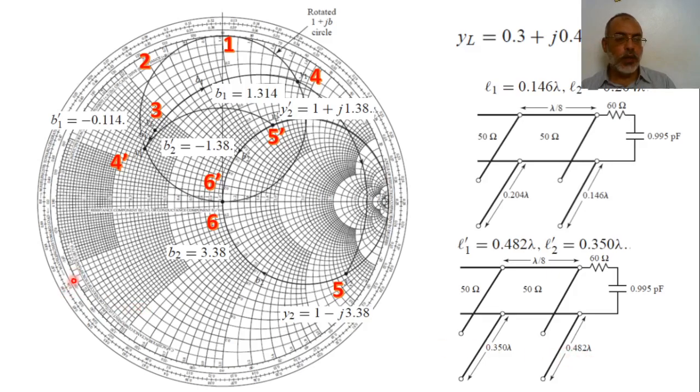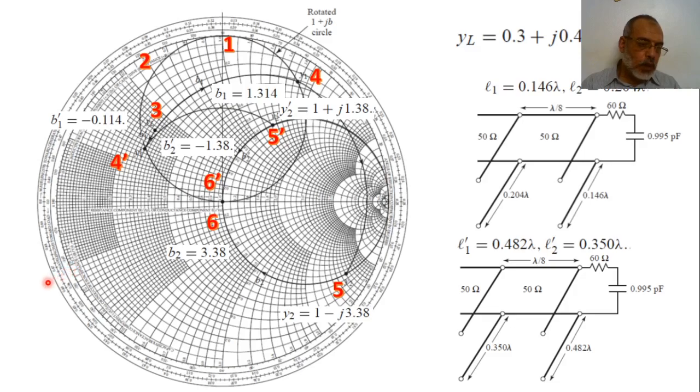We are going to allocate the point 0.114 on the Smith chart on the arc here, assuming that this is point 1, this is point 0.114, for example, something here.